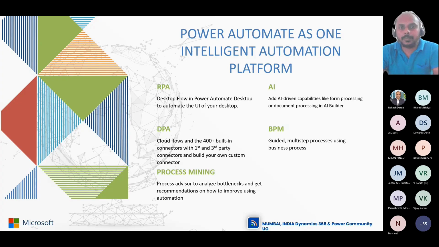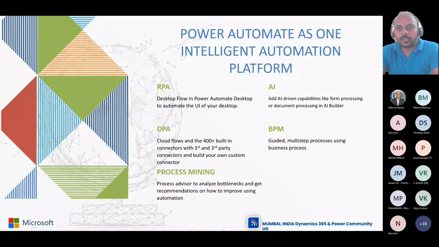The next one is DPA, digital process automation, which is heavily used as a part of Power Automate to create cloud flows using 400 plus different first party or third party connectors. Even if those connectors are not fulfilling our particular requirement, we can create our own custom connectors as well.